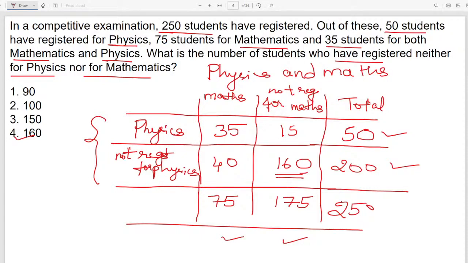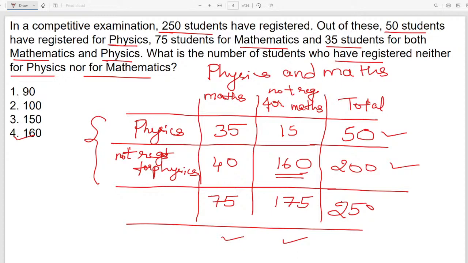In these kinds of cases, these rows would be mutually exclusive, and the columns would also be mutually exclusive. In this case, there are people who have registered for physics, and then there would be people who have not registered for physics, and these two are mutually exclusive.